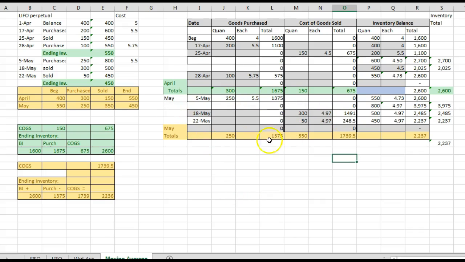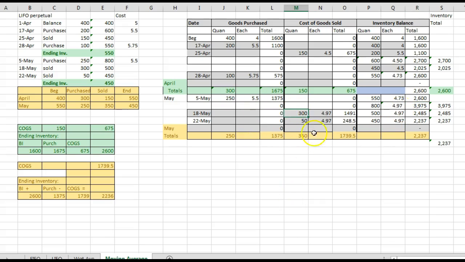And we bought some. We bought 250 at 550. So I add that 250 to the 550 and get 800. I add the 2600 and the cost right here and get 3975. To get the 497, I divide the 3975 by the 800, and that gives me the average. And then we start selling.